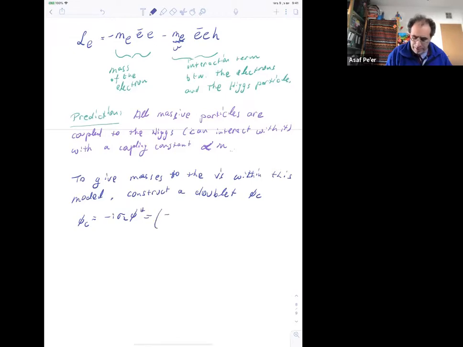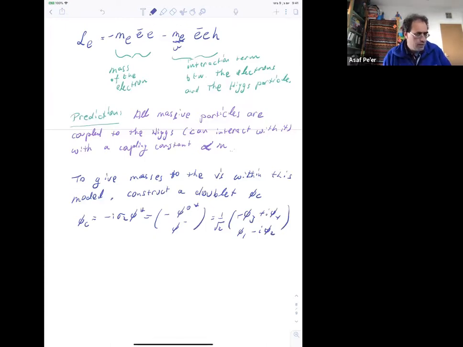So that's minus phi 0 star and then phi minus. So this is 1 over square root of 2 times (minus phi 3 plus i phi 4) and then (phi 1 minus i phi 2). And then, using the same properties of SU(2), the conjugate doublet phi c is transformed in exactly the same way as the doublet phi.